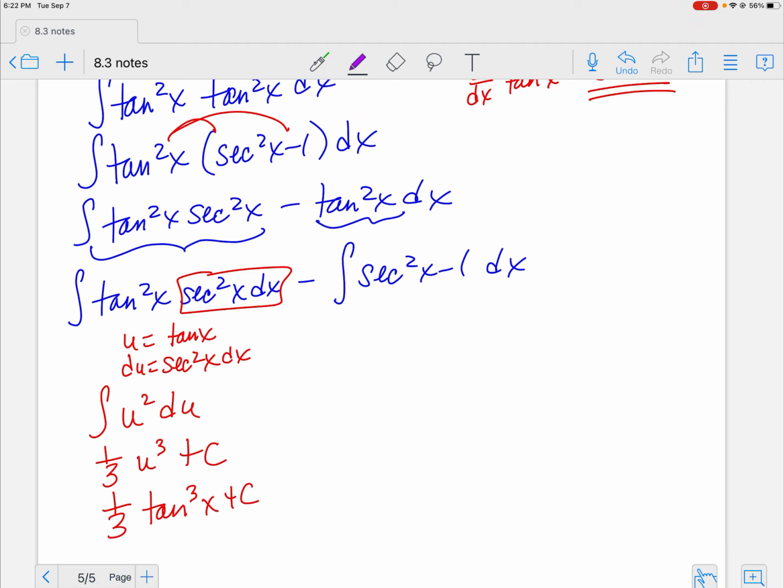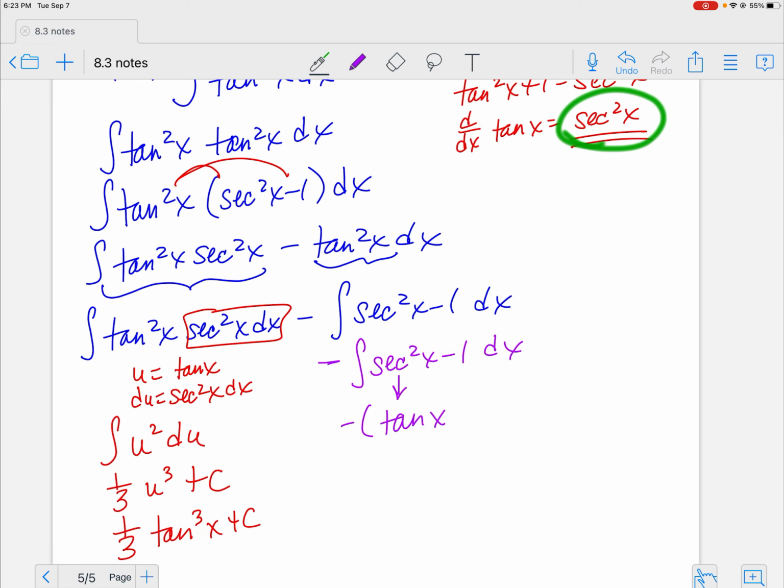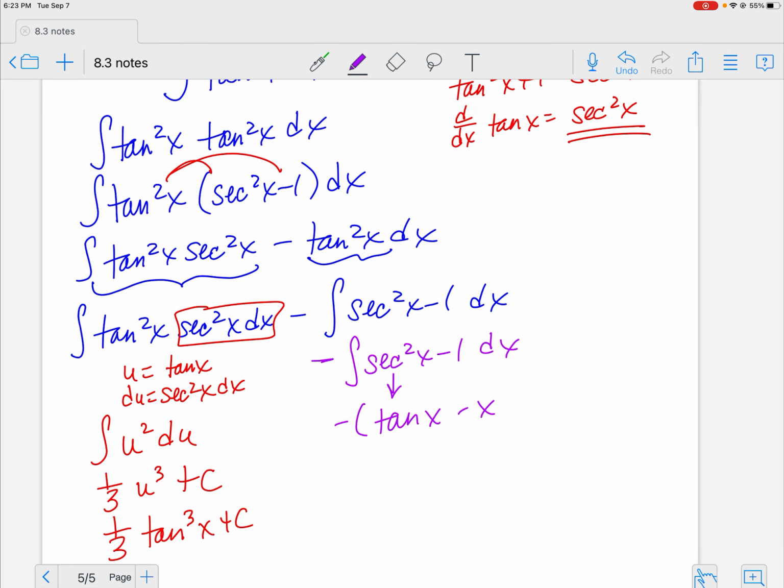Let's come over here. I have a negative, and I'm integrating secant squared x minus 1. We automatically know that. That is tangent, ladies and gentlemen, because the antiderivative of secant squared is tangent. Minus x. That's cool, right?